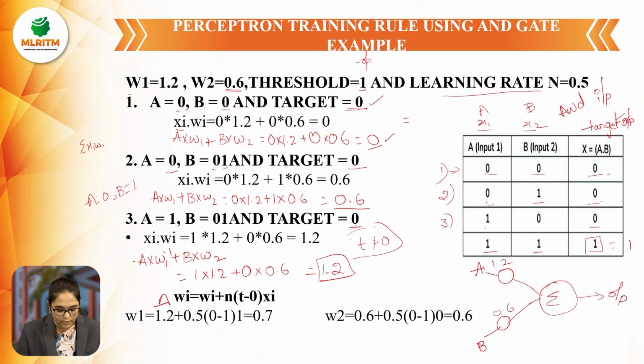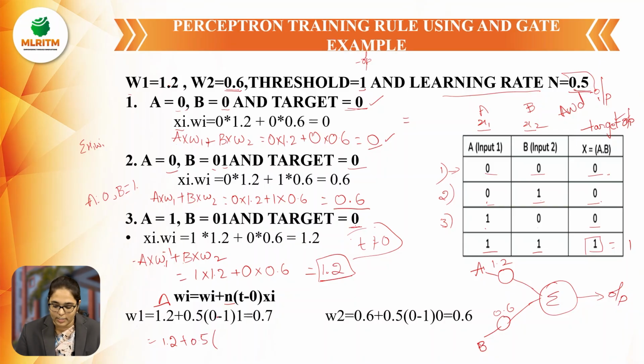First we'll calculate for weight 1. Weight 1 is 1.2, plus n, which is the learning rate. The learning rate we have considered by default is 0.5.